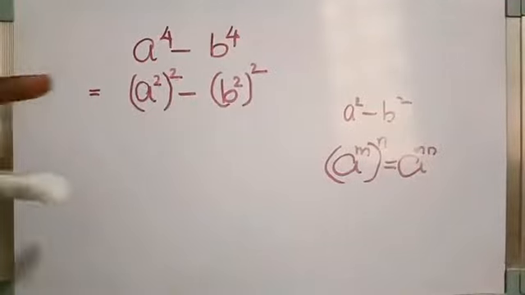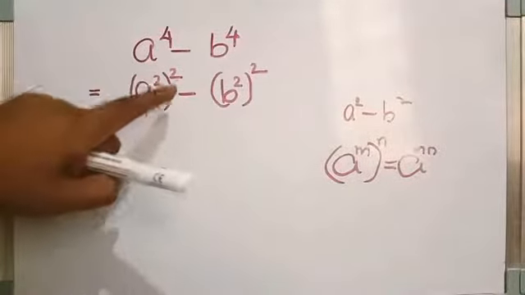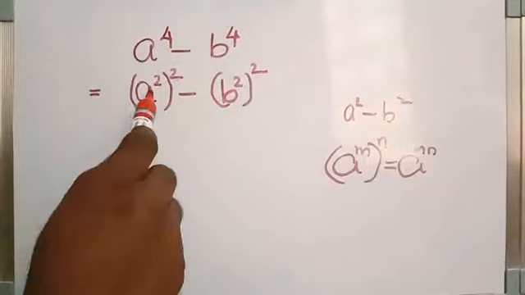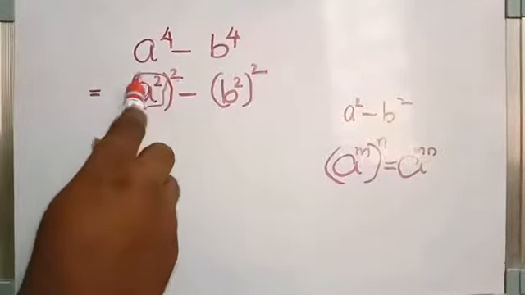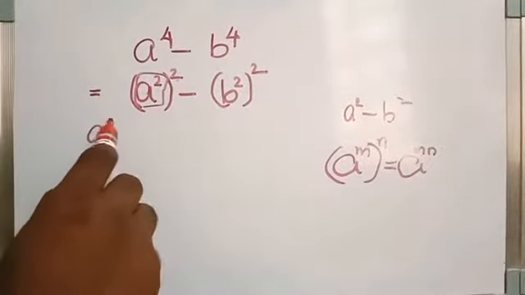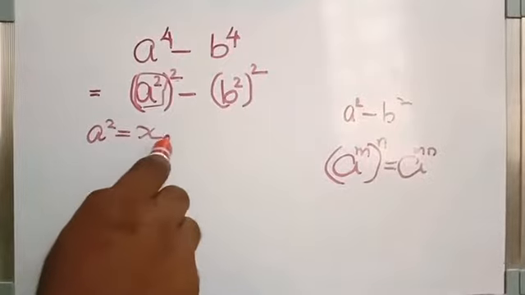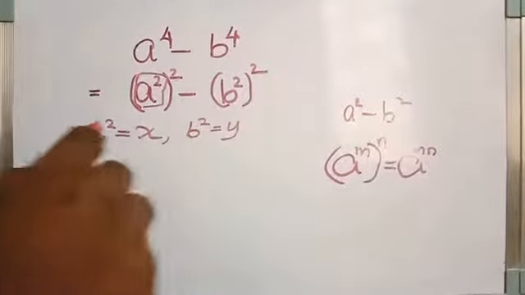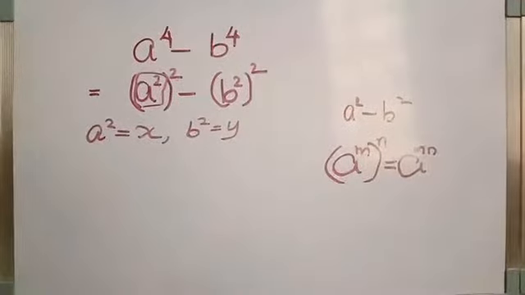Now you look at this one, it's like a number squared minus another number squared. If you have any confusion, we'll assume a squared as x and b squared as y, for our convenience. Finally, we will replace it back.